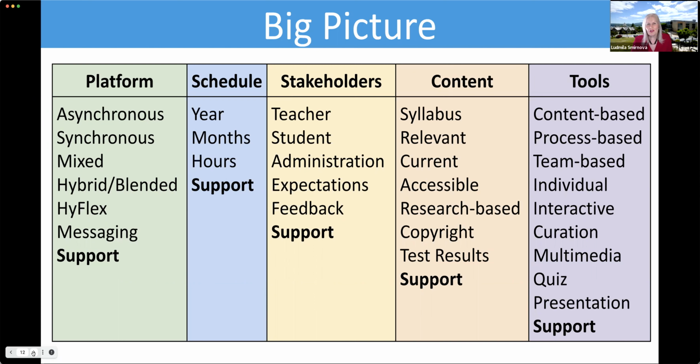And who is using and evaluating the platform and courses? So these are stakeholders, and how is the content presented, in what way?